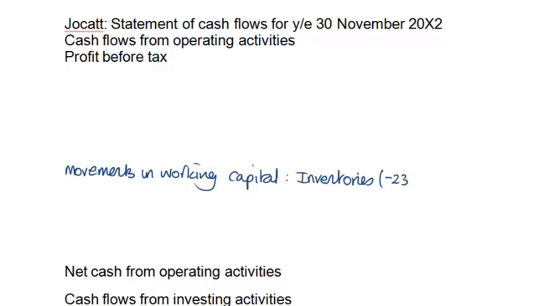But I've referenced that we've acquired a subsidiary in the year, so this might need tweaking. But if not, we're going to use our golden rules of cash. In theory, inventories down, we'd expect cash to go up. The same broad principle applies to receivables. Receivables have gone down by 51. And I'll come back to that later.